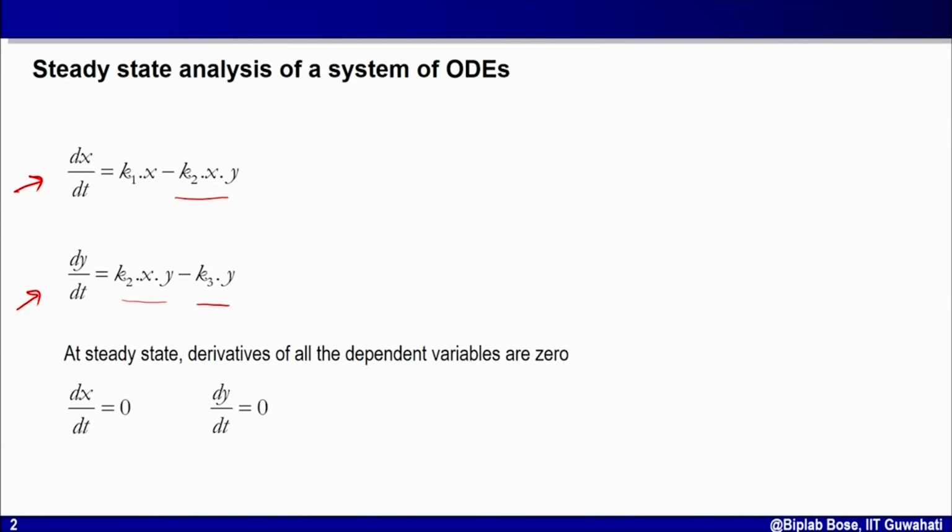So I have two derivatives, dx/dt and dy/dt, and steady state is achieved when dx/dt is 0 and dy/dt is also 0. So at steady state, derivatives of all the dependent variables are simultaneously 0.